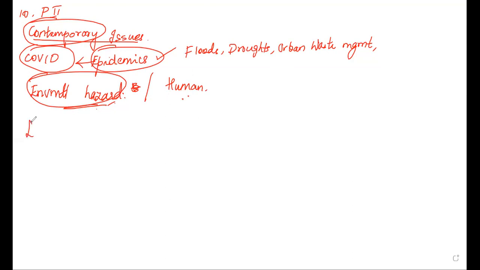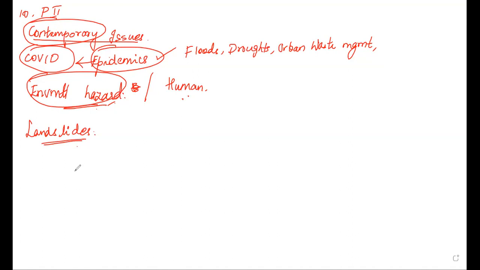The first environmental hazard that we are taking up is landslides. So what do you mean by a landslide? A rapid movement of the rocks, the soil, and the vegetation which is present in that area downwards or downslope under the influence of gravity is what we call landslides.